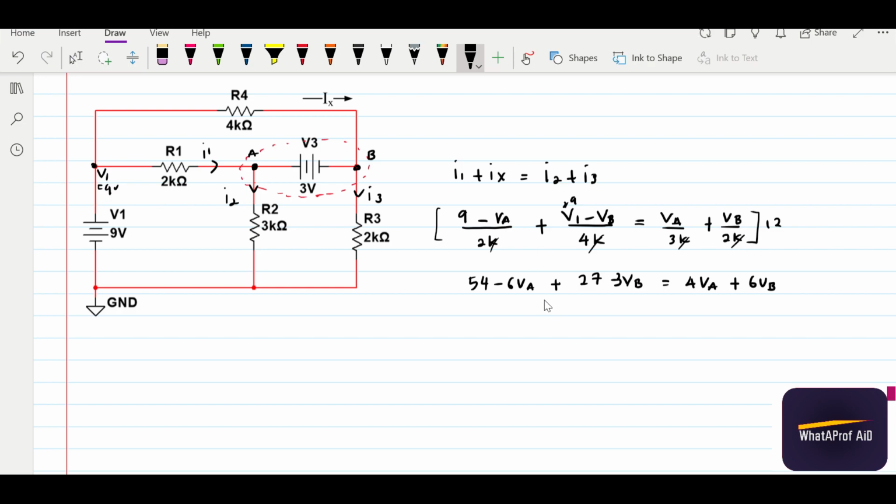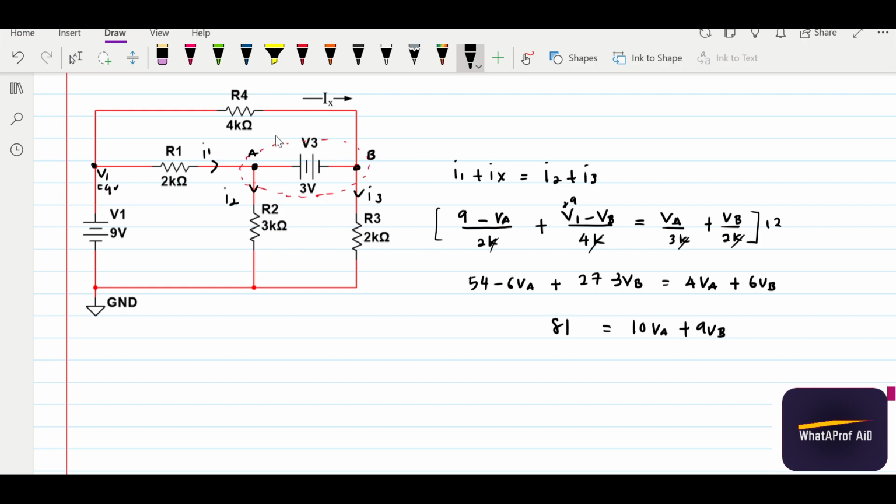Okay, then rearranging this equation, we will have 81, 54 plus 27, 81. Here VA we have 10VA, and VB we have 9VB. So this is one of the equations.